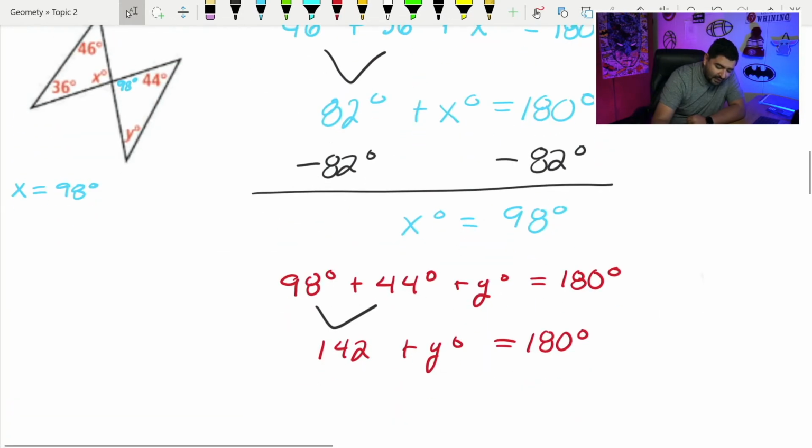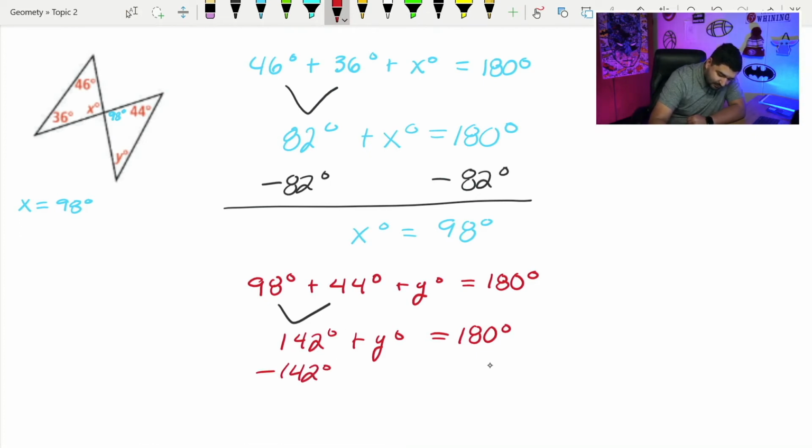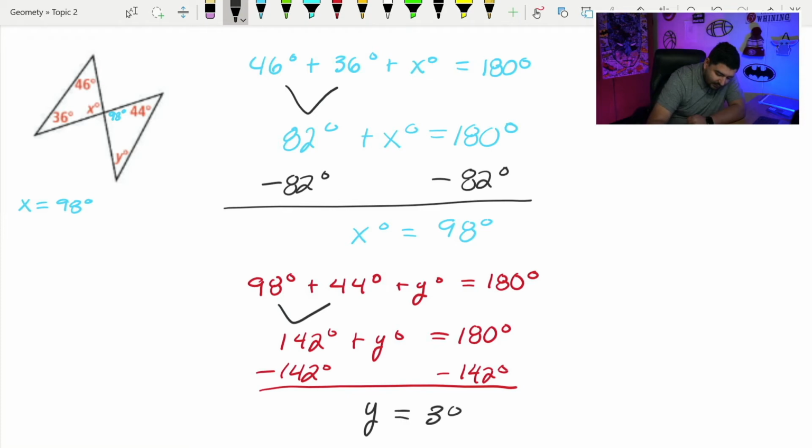I can subtract 142 from each side. I will get y equals 38 degrees. And now we have found both x and y.